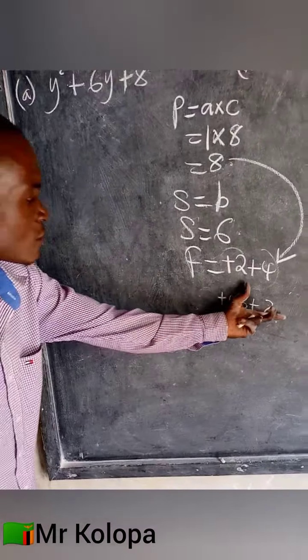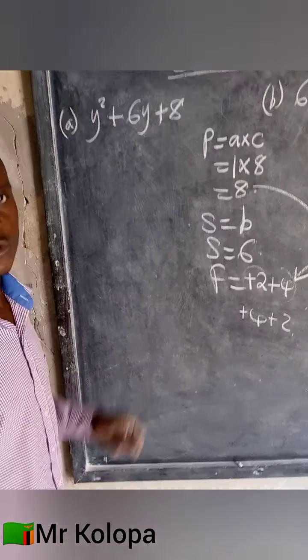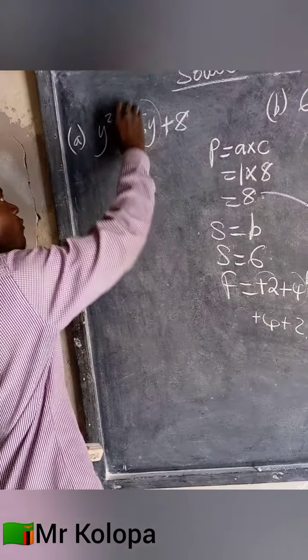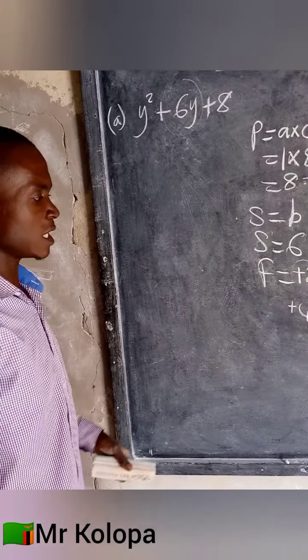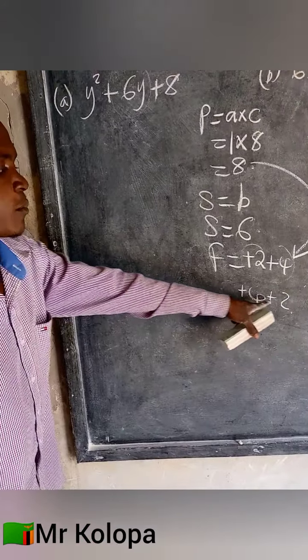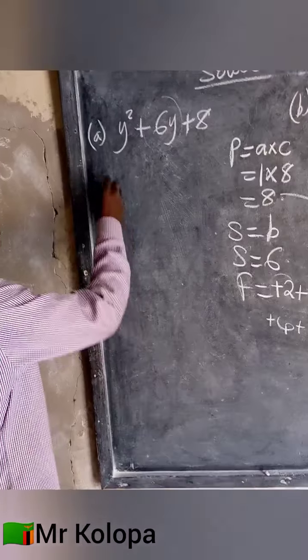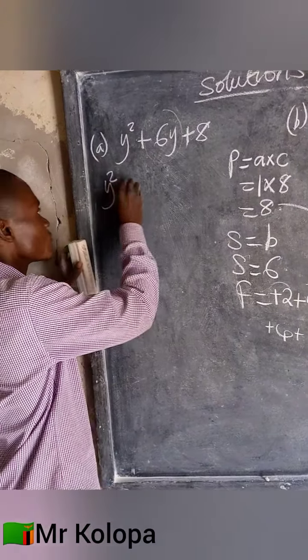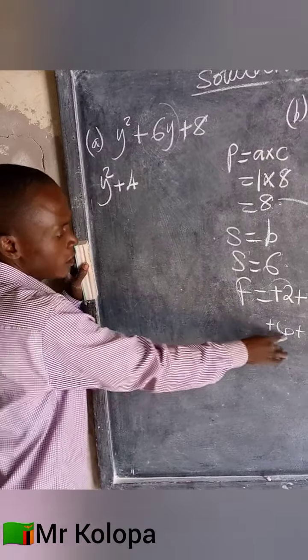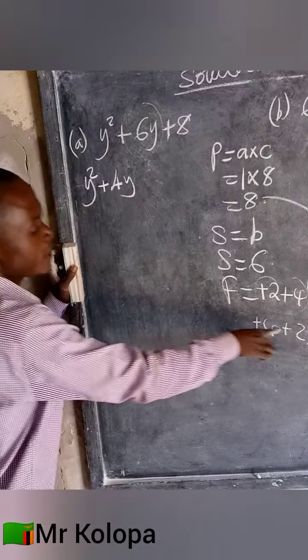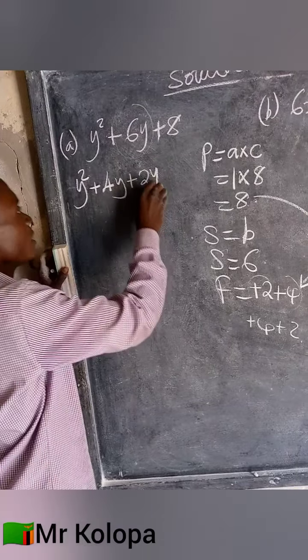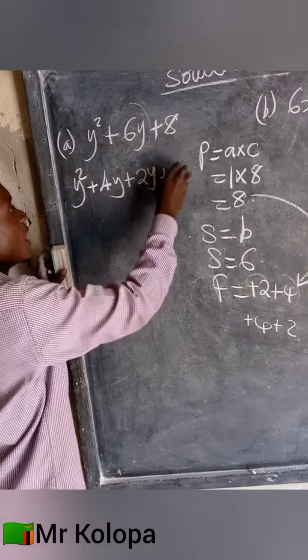So if you get these two factors, then we are going to substitute them there, because this plus this, you are getting 6. So we are going to remove the positive 6 there. Then we'll write positive 4 plus 2. So we are going to write y squared. We are dealing with y, so I'm going to write positive 4y, then positive 2y, positive 8.